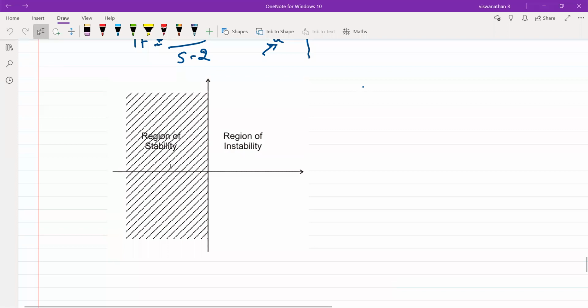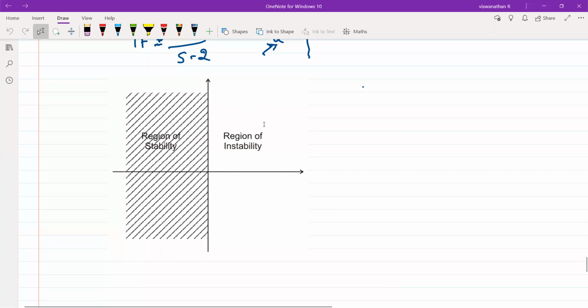So this is the S-plane, and you can see the region of stability. The poles should be on the left hand side of the plane. Only then is the system stable. If it's on the right side, it's the region of instability.